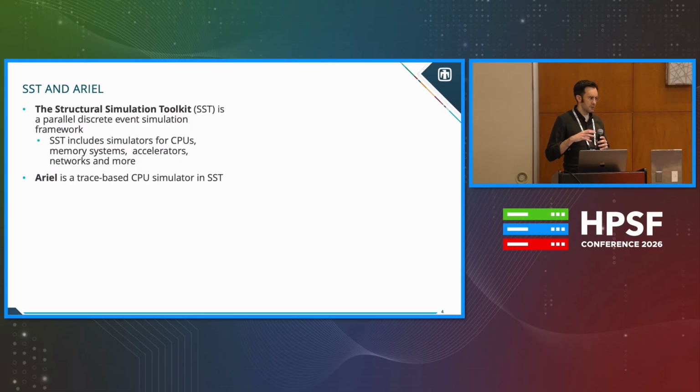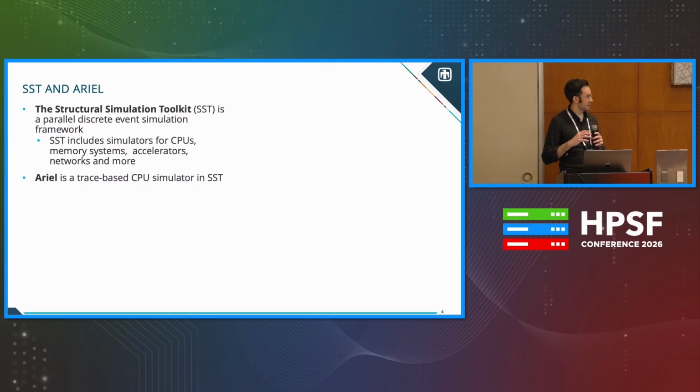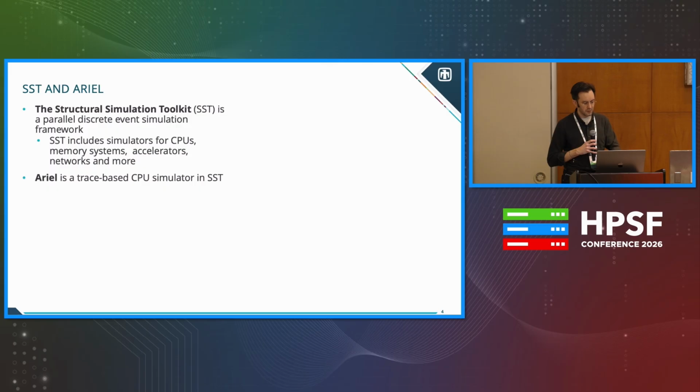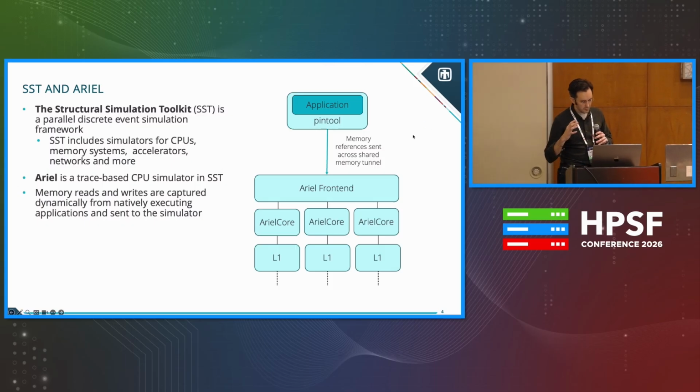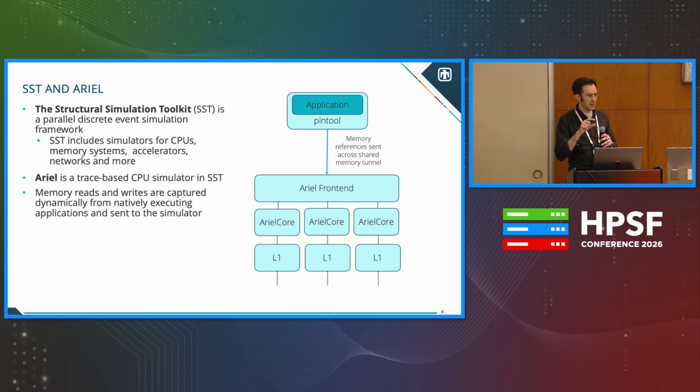One of these components, and the focus of this talk, is the Aerial simulator, which is a trace-based CPU simulator. It's part of SST. To give a high-level overview of how Aerial works, you can see over on the right side here, Aerial takes a natively executing application, grabs those memory references, so it captures all the reads and writes, and then sends them across a shared memory tunnel to an Aerial front end.